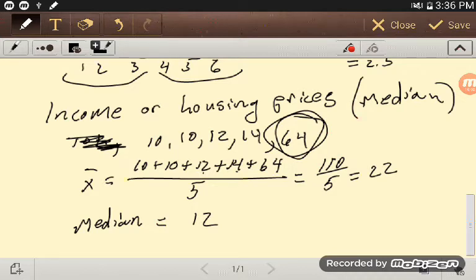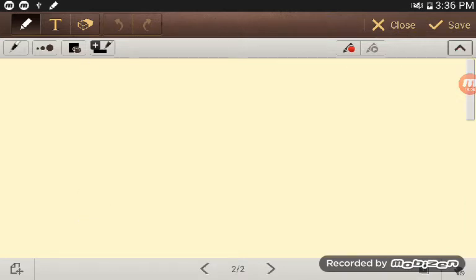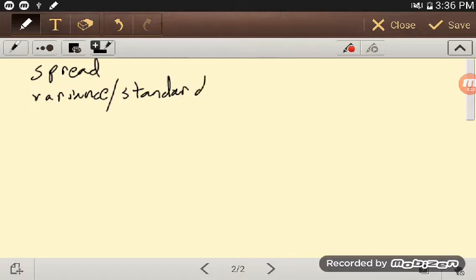Now I'm going to try to start another sheet. Okay, there we go. And now we're going to look at more of this idea of spread. And there we have variance slash standard deviation.